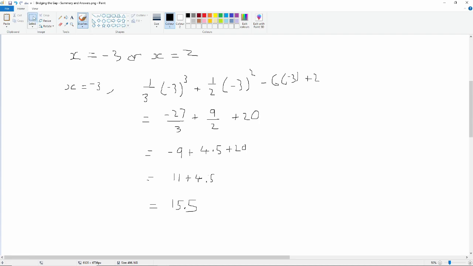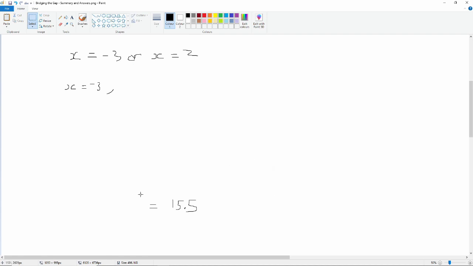So I'm now going to remove this working because we've done the working. So one of the points is -3, 15.5, and now we've also got x equals 2.